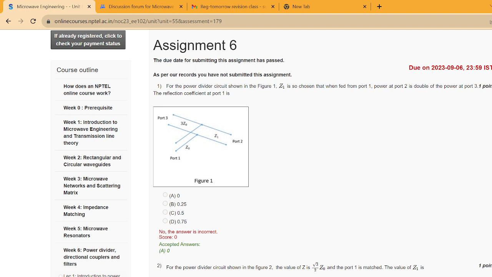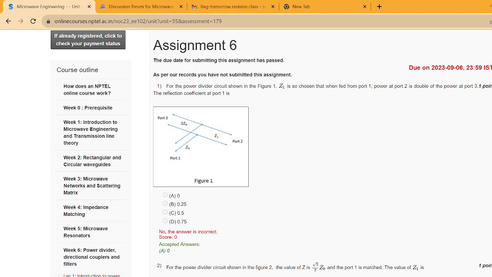Okay. So now let us first look at how do we divide power such that in this port you will get double that of port 3. So first of all, let us write what is power at port 2. It can be written as half into V square by Z1. Don't get confused with this. This is the power equation.